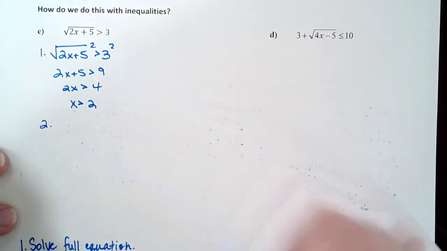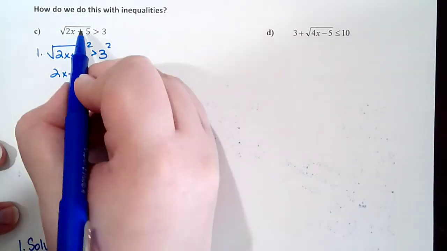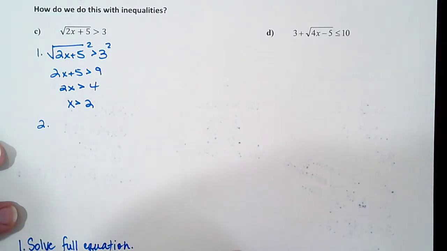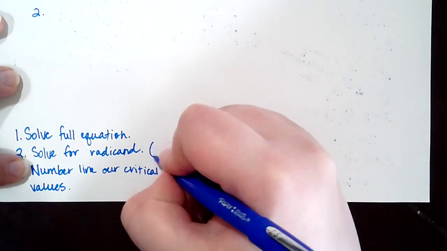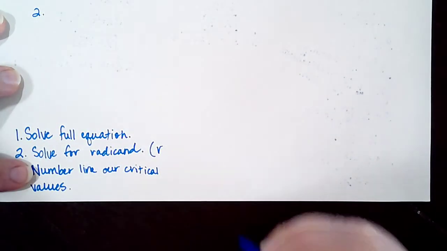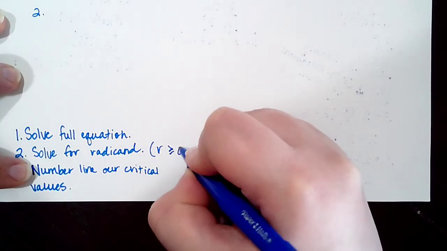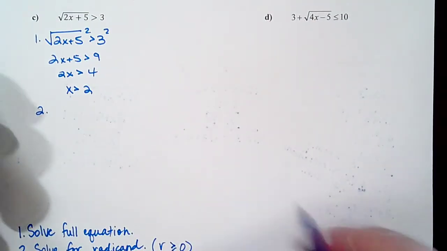However, the second step is we need to check our boundary and our critical values. We know that a square root must be positive. That's just a given fact. So when I say solve for the radicand, I'm saying that everything in the radicand has to be greater than or equal to 0 in order for this square root to even make sense.